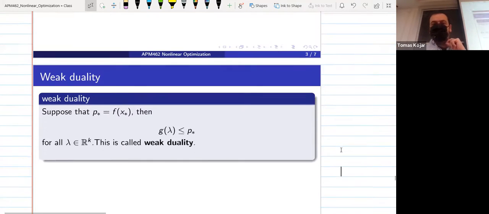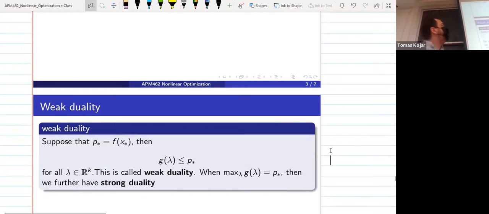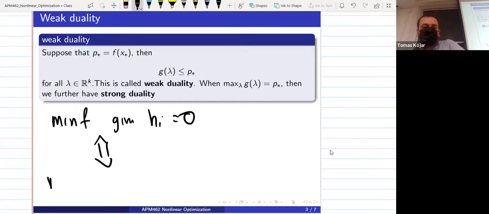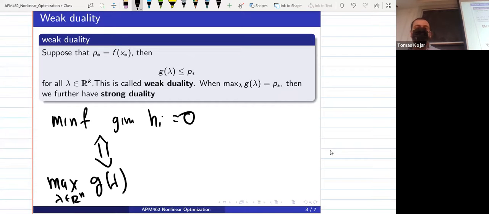But when the minimum is attained, you have strong duality. That means that if you want to solve the minimum of f given hi equals 0, it's the same as solving the maximum of G lambda. And this is amazing because lambda is unconstrained. This is constrained.